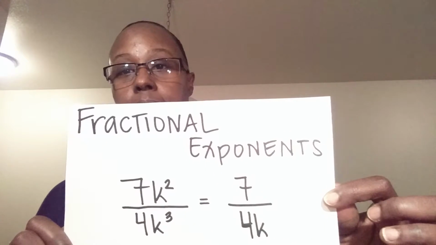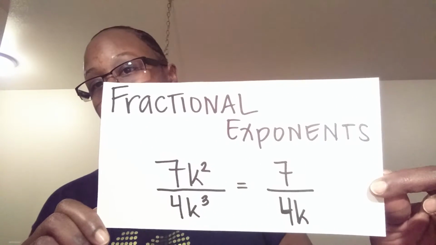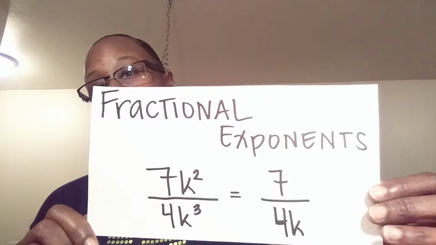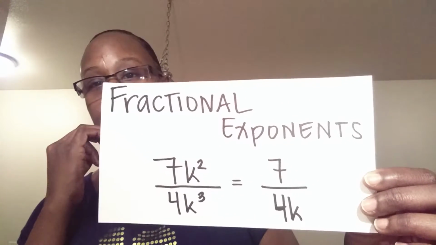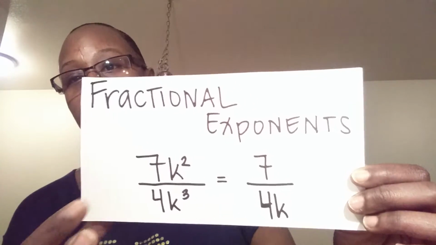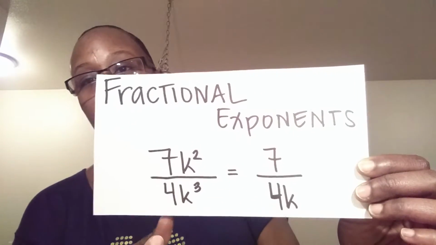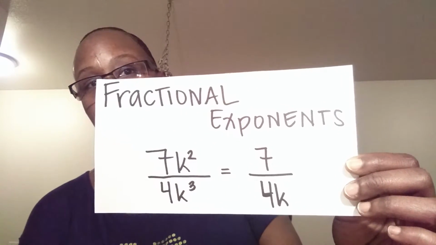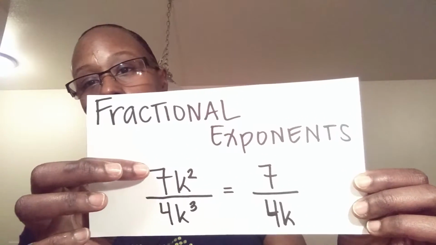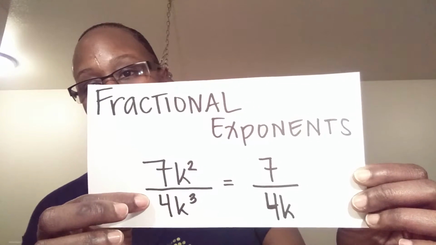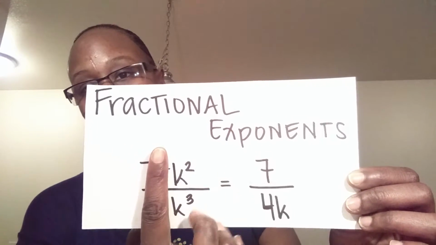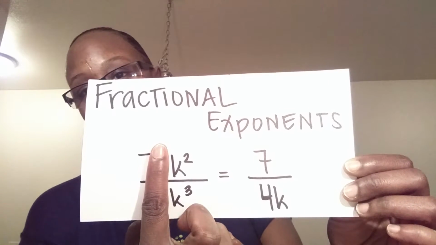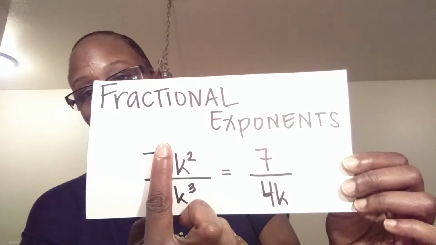The next one that we'll do is fractional exponents. And those look like this. And with this equation, all you would do is make sure that you break them down. So you would break them completely in half. So it would look like 7/4 times k to the second power divided by k to the third power.